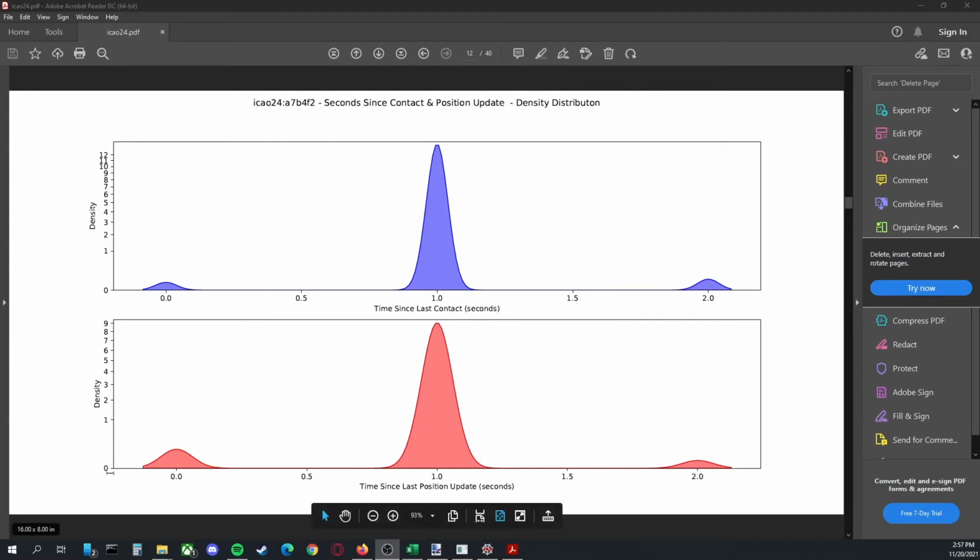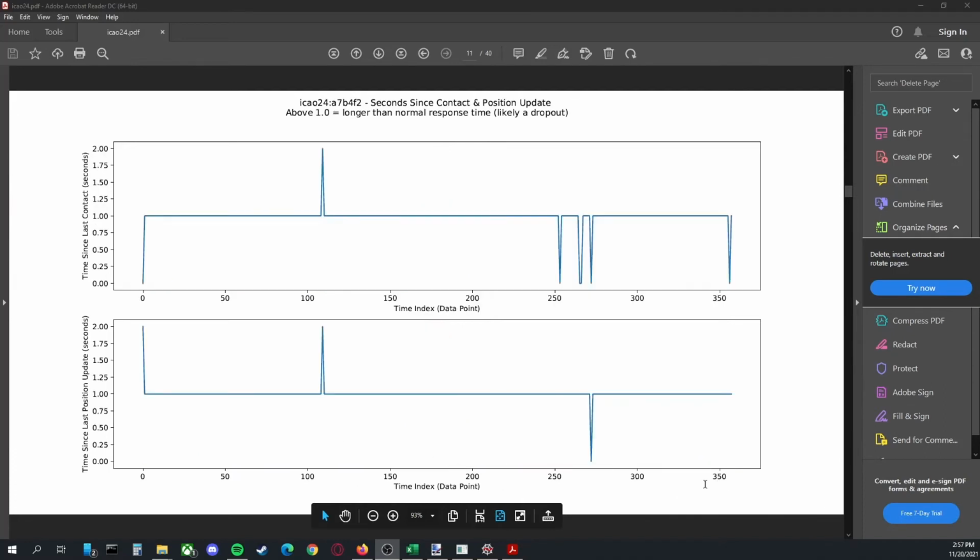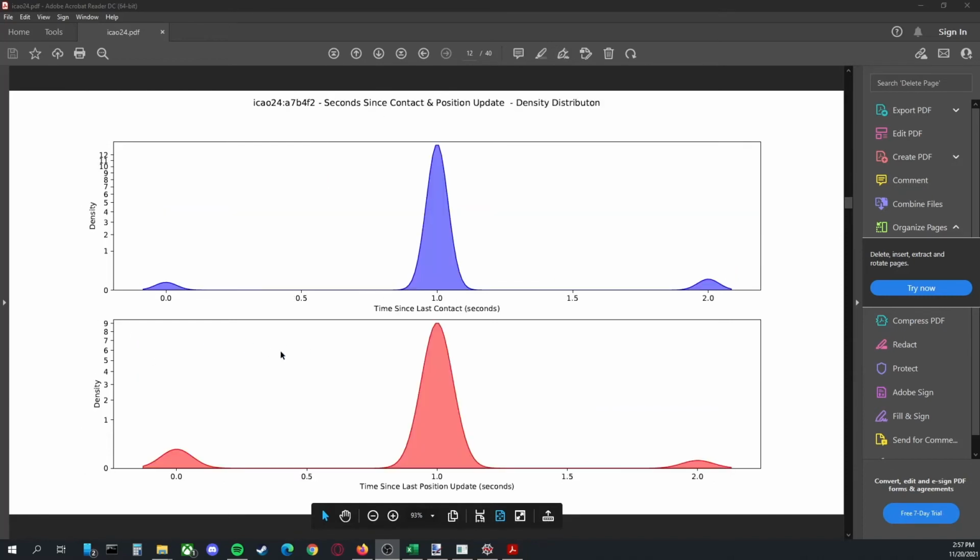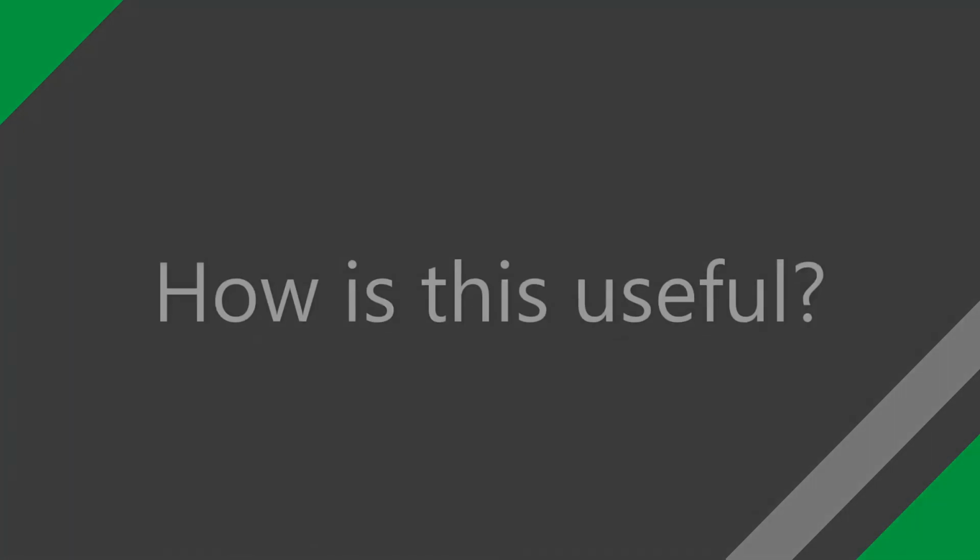Also notice that this is a graduated scale because when you have 600 data points and most of them are 1 second since the last position update, it's really hard to see smaller values. So for this one, there were 350 and most of them were 1 second, and there were only a couple that were 2 seconds since the last position update. So that's the reason this is graduated.